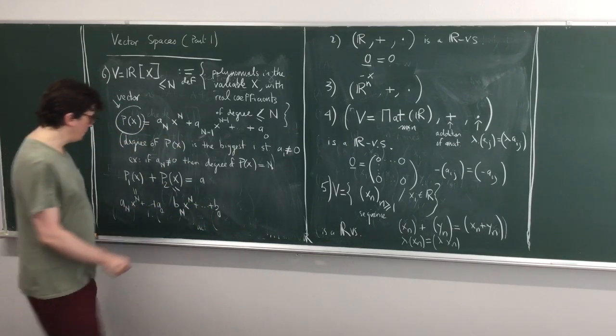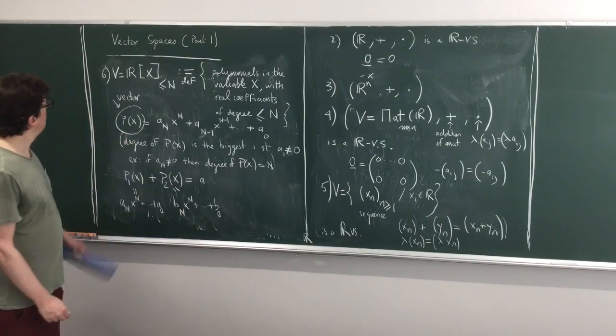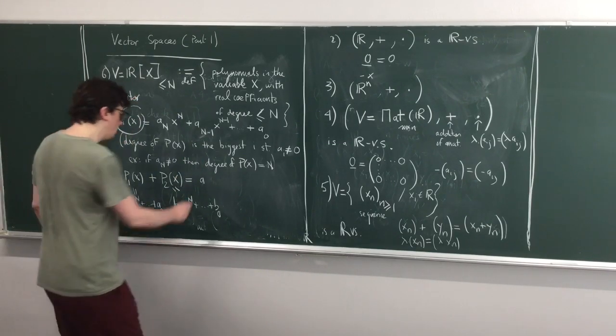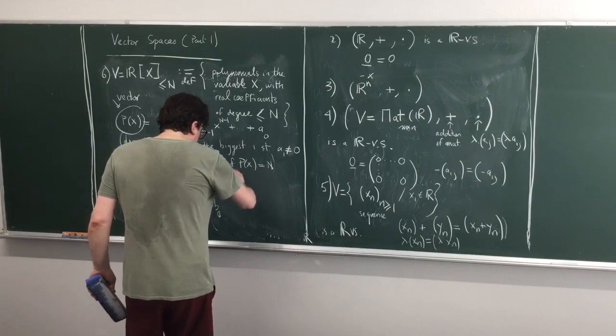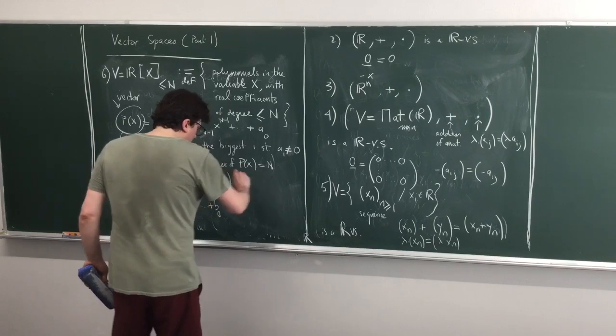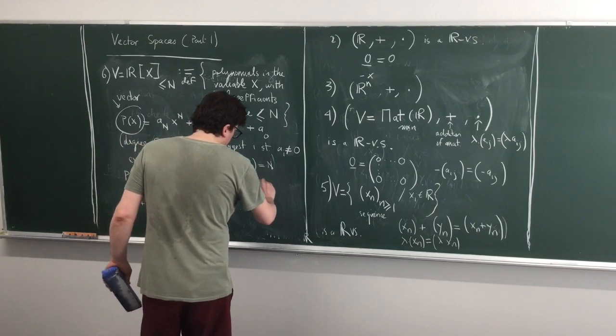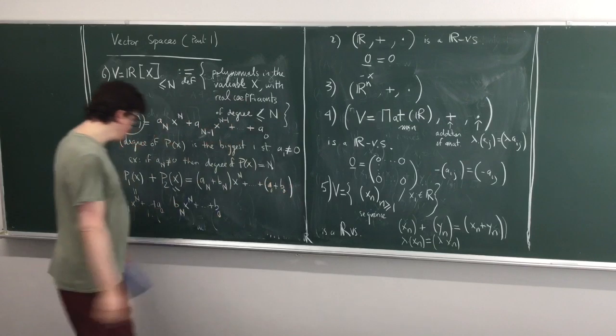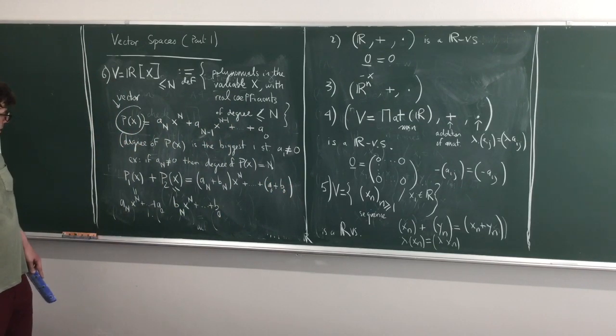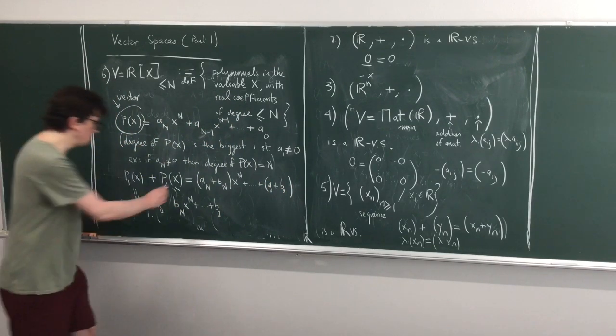Then the plus in this set of polynomials will be just (a_n plus b_n) x^n, and so on, and we finish with a_0 plus b_0. This defines a very nice plus operation. So this is our definition.